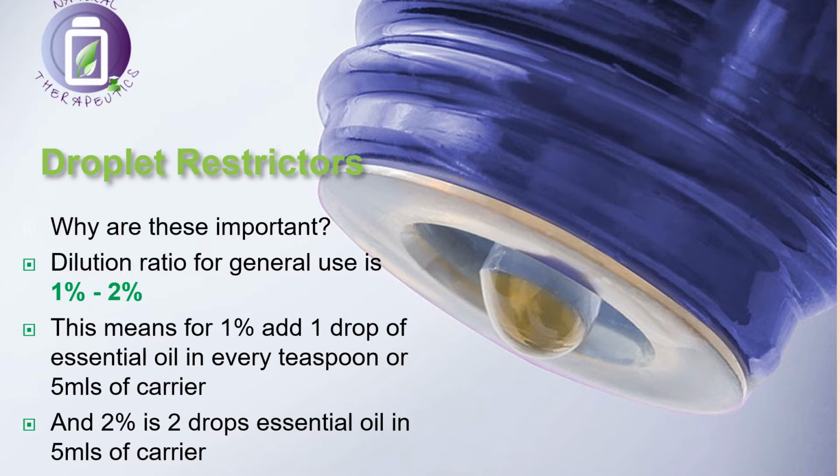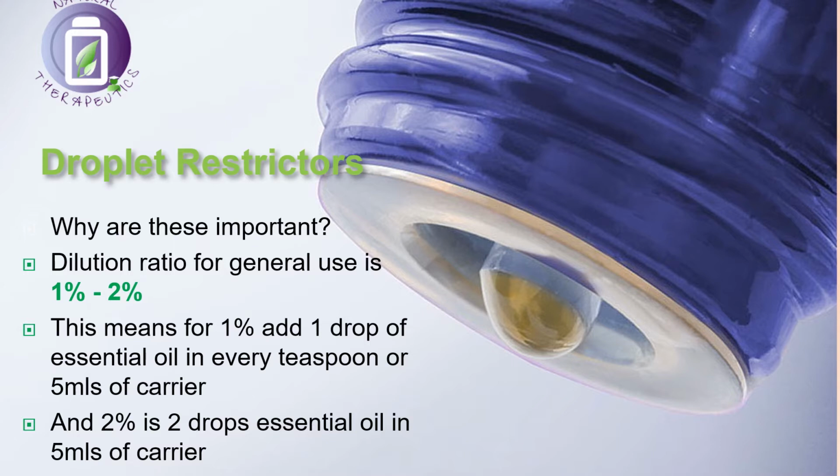The thicker oils in particular have wider ones in order to get the oil out. The other thing is that if you knock a bottle over, you're not going to spill your essential oils all over the place, and it also stops people, particularly children or pets, from being able to get at them and swallow them, which is potentially very, very hazardous indeed.